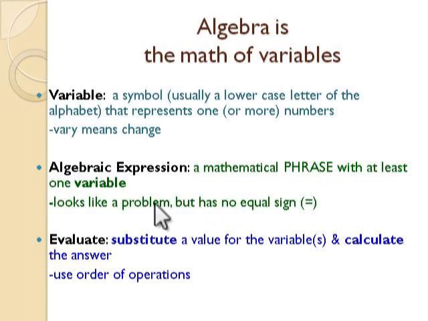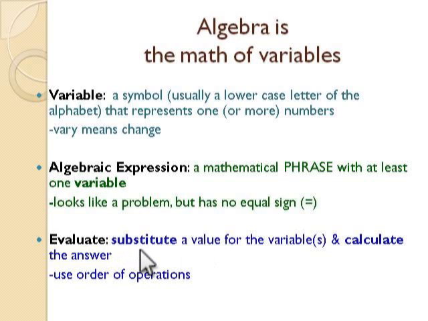In other words, it's going to look like a problem, but it will not have an equal sign. The equal sign is what makes it complete. So we're just going to have something like 5 plus x, or t plus 2. Those are phrases.